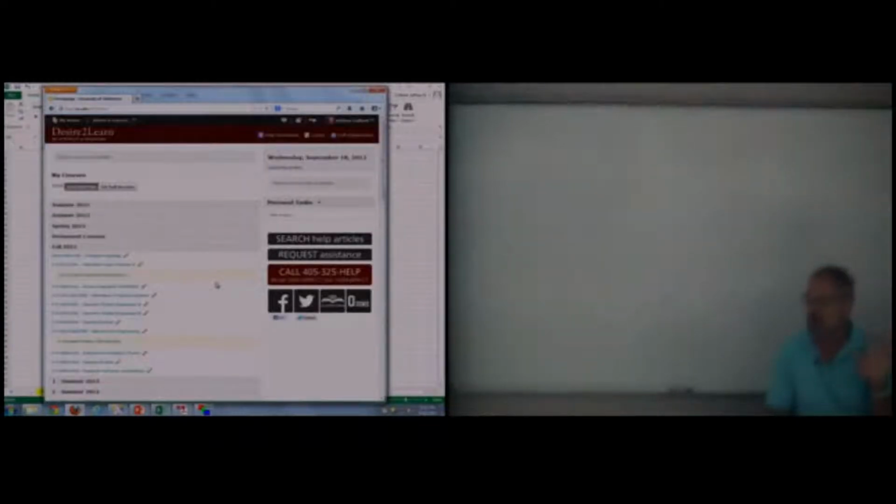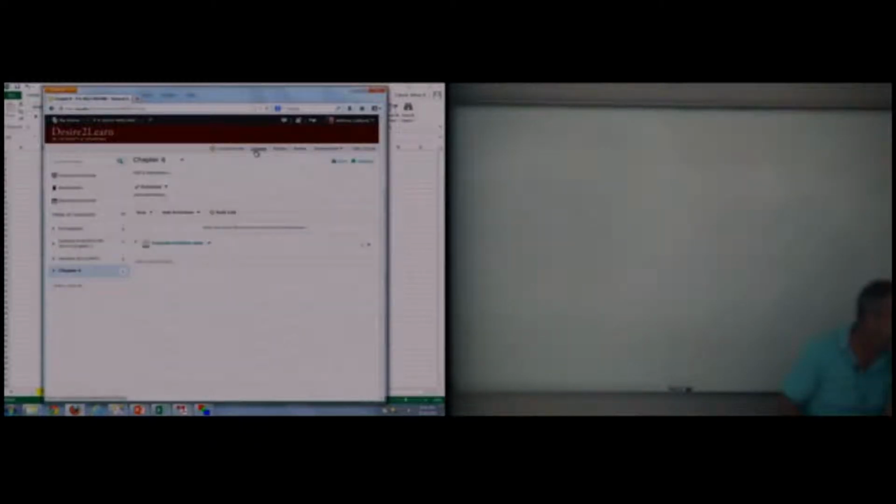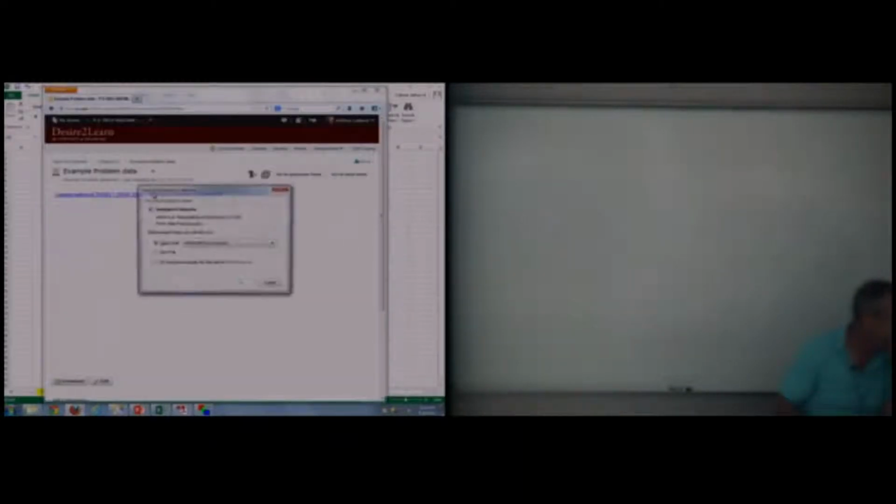I don't have a smartphone, so those things look weird to me. PE5613 in content, example problem data. See if this opens for you.